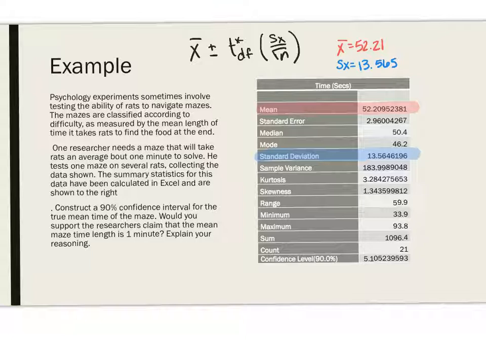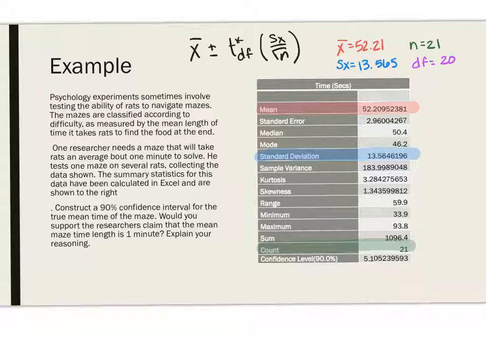The next thing we need is n. Well, our n in this particular case is going to be this thing that's called count down here. And they tested it on 21, so our n is 21. And if n is equal to 21, that's going to lead me to my degrees of freedom to find t. And if n is 21, then the degrees of freedom are 20. So this is everything I need to actually calculate it. And here's what I'm going to do.